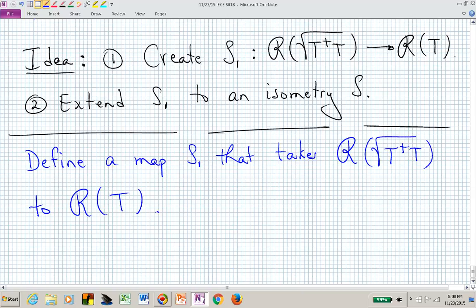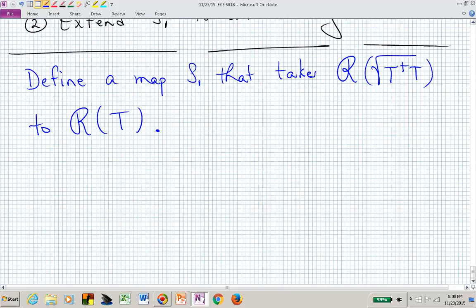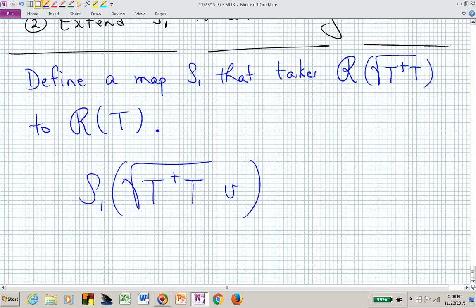And again, just think about rotations. We're now going to be finding this square root of T dagger T as an operator, and that may actually bend or move things around, and we want to correct those or push them back into the range of T. Meaning, what we're doing now is we're creating this map S1 that takes as an input a vector that is formed from the square root of T dagger T operating on V. This is now the input to this map S sub 1.